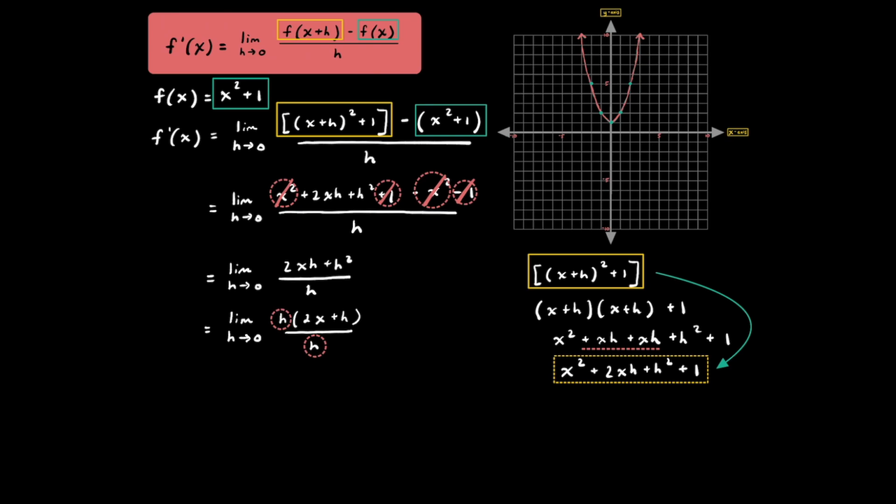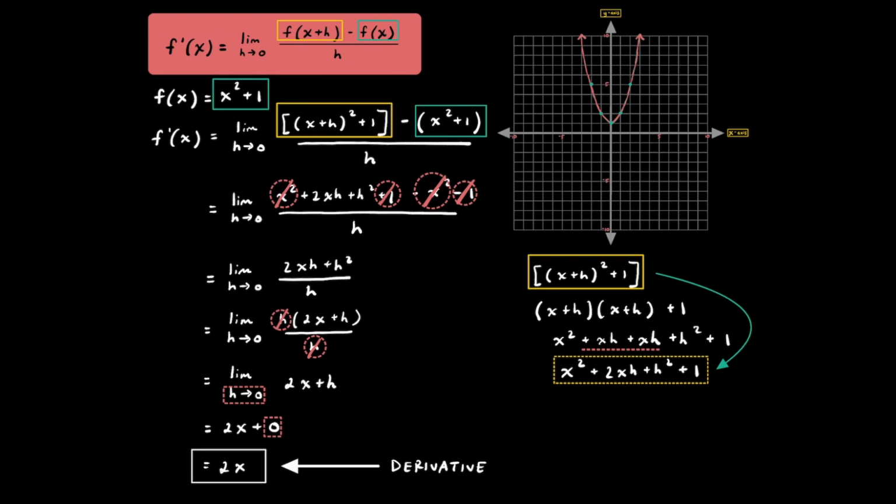Since the numerator and denominator have a common factor, we can simplify it by h. Here we can see our limit is going to be 2x plus h. At this point, we can now substitute 0 in for h, so we have 2x plus 0, which means our final derivative here is just going to be 2x. This 2x represents the derivative of our function f of x is equal to x squared plus 1.